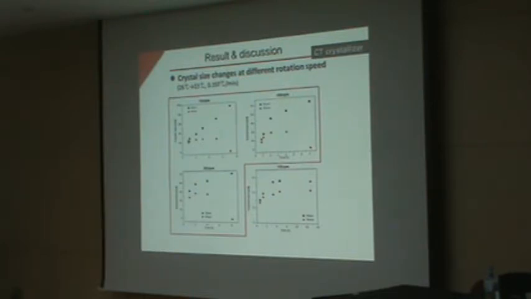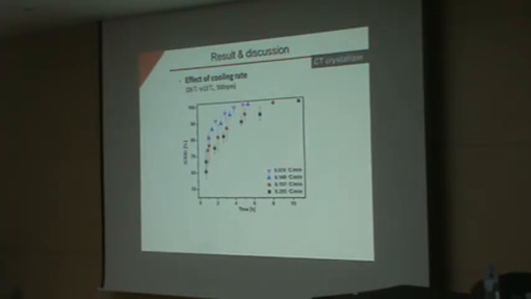We found that when the rotation speed was higher than 100 rpm, the minor form crystals finally decreased to 0. This is due to the complementary deracemization of minor form to major form. And when the rotation speed is 100 rpm, both the minor form and major form crystal sizes increased together.